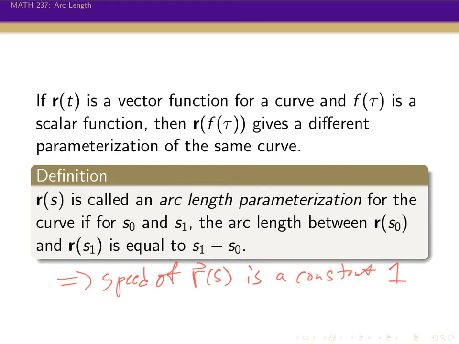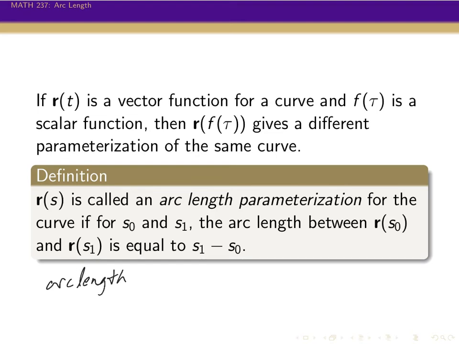Okay, so how can we justify this? We just saw the arc length formula before. If we're in the arc length parameterization, the arc length between s equals s naught and s equals s1 is the integral from s naught to s1 of the magnitude of r prime of s ds.